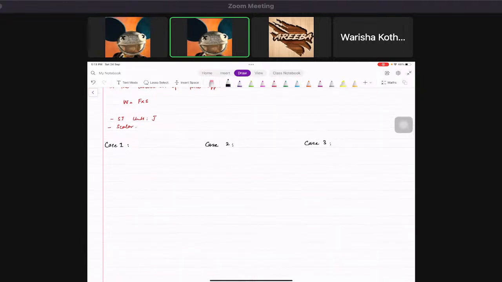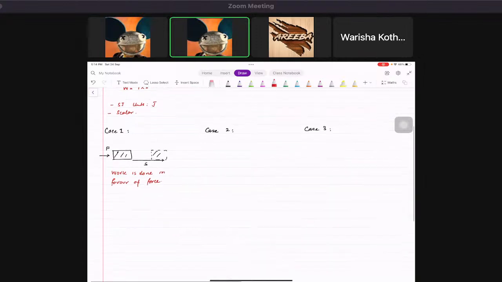So suppose an object moves a displacement S when there is a force applied. So we can say that work is done in favor of force, okay, because it is force times displacement.